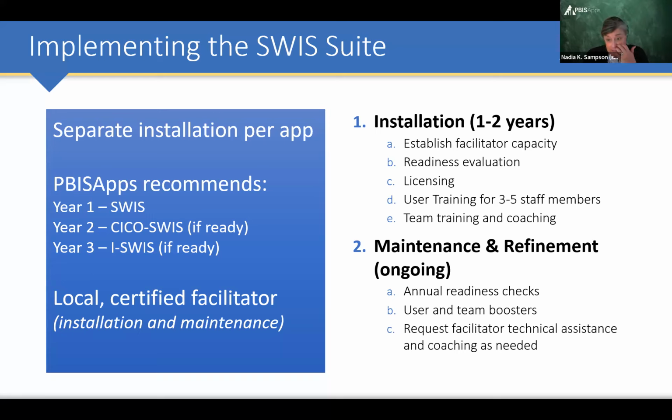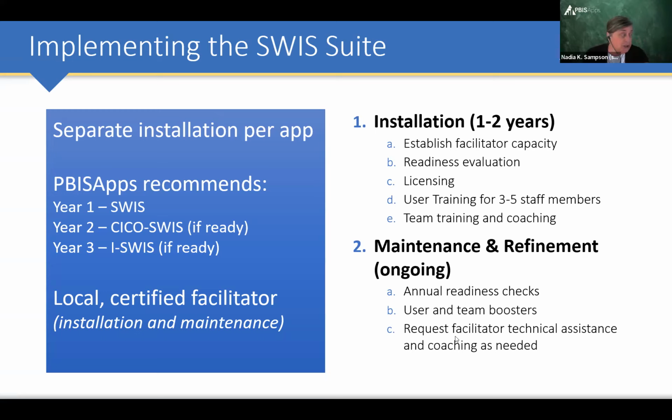You do have to have a facilitator trained, and they could start using it pretty quickly. It involves getting that facilitator trained. There's a readiness evaluation. There's a license. There's some training that the facilitator that you've identified does for those 3 to 5, maybe 3 to 6, 3 to 8 staff members. And then there's ongoing training and coaching by the PBIS coach and or the facilitator.